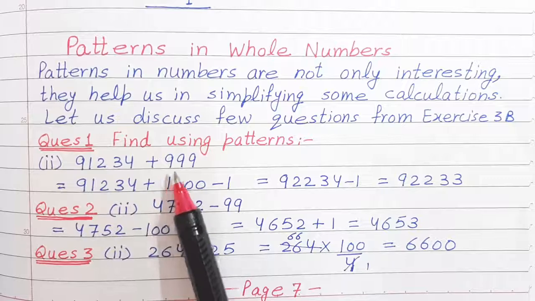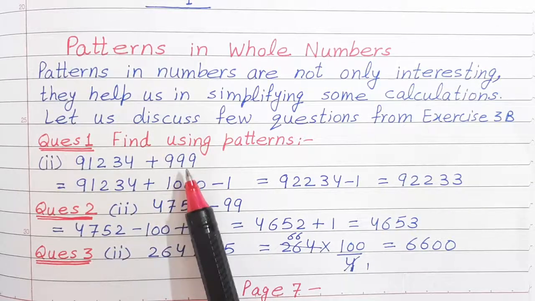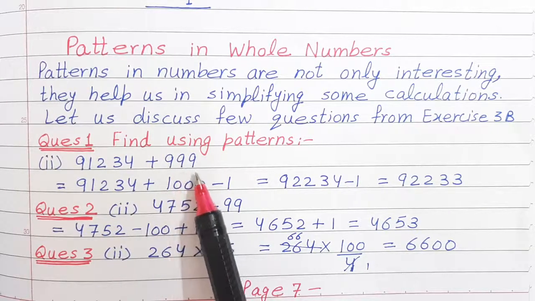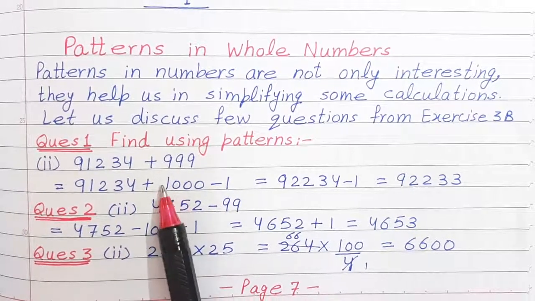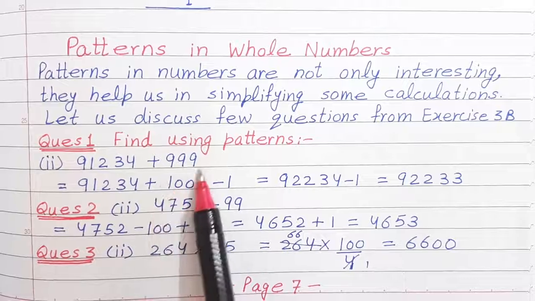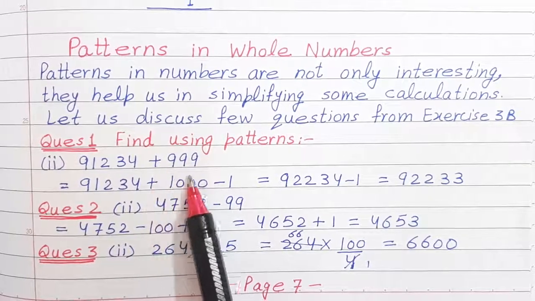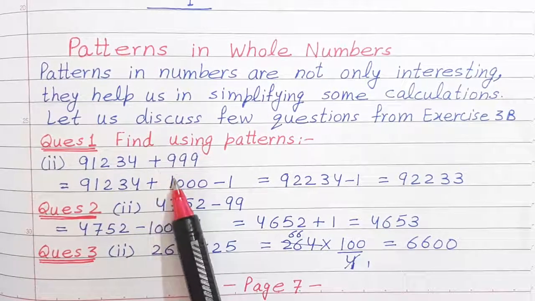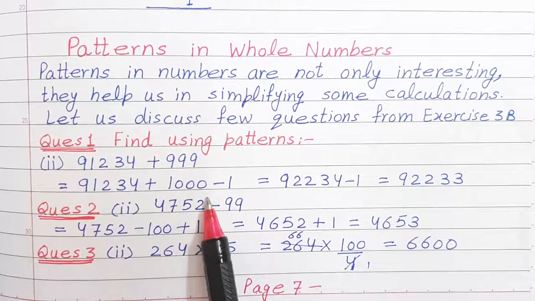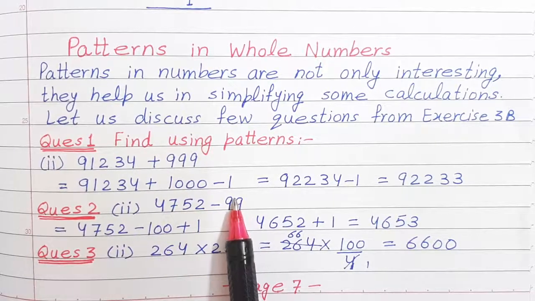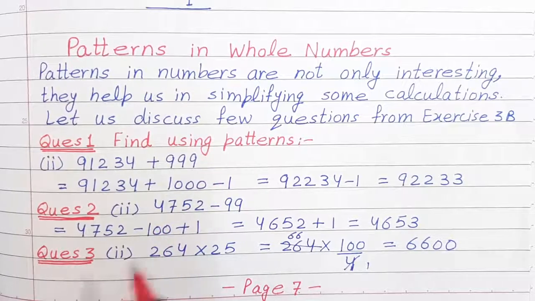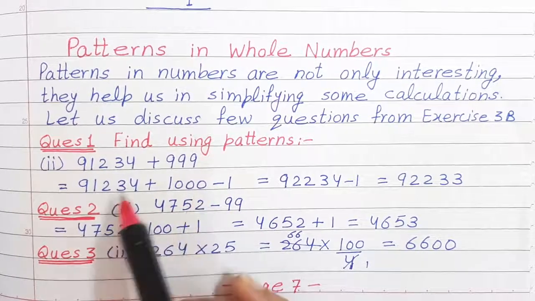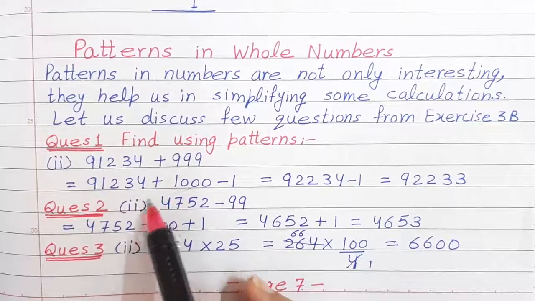91,234 plus 999. Now children, you can see that 999 is 1000 minus 1. Right? So, after writing this, now just to make the calculation easy, add up these two values.